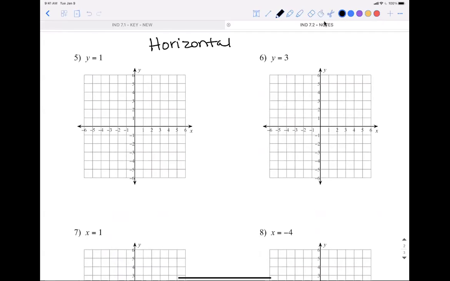So Y horizon always is going to run this way. And the way you graph it is you have Y equals 1. That means on the Y axis at the positive 1, you are going to put a point. And then think, like I said, Y horizon. Your line is going to run like a horizon right through your point that you just plotted.